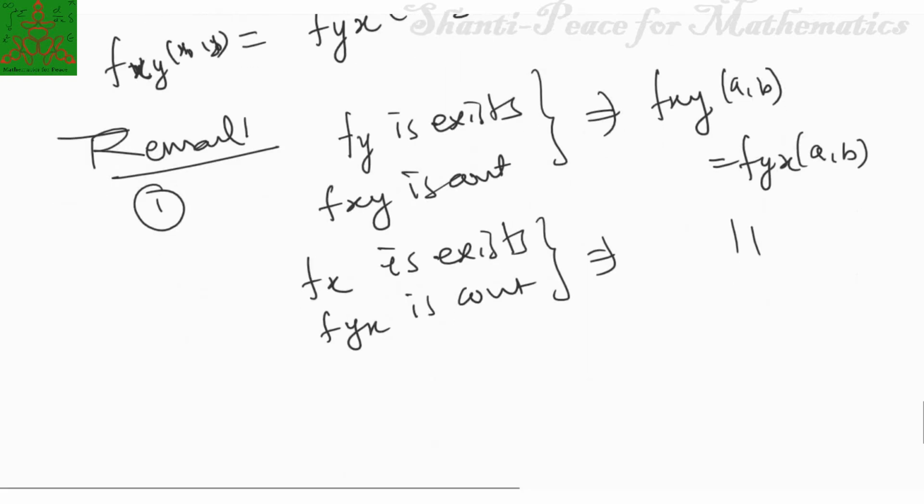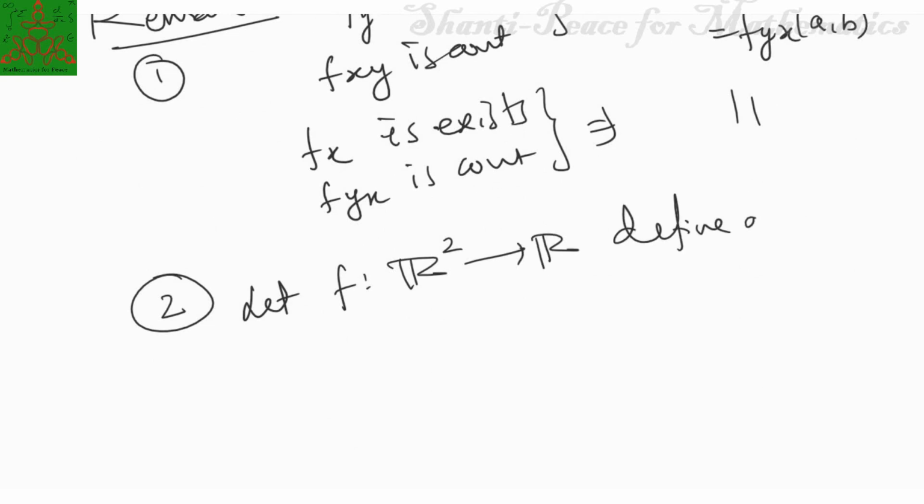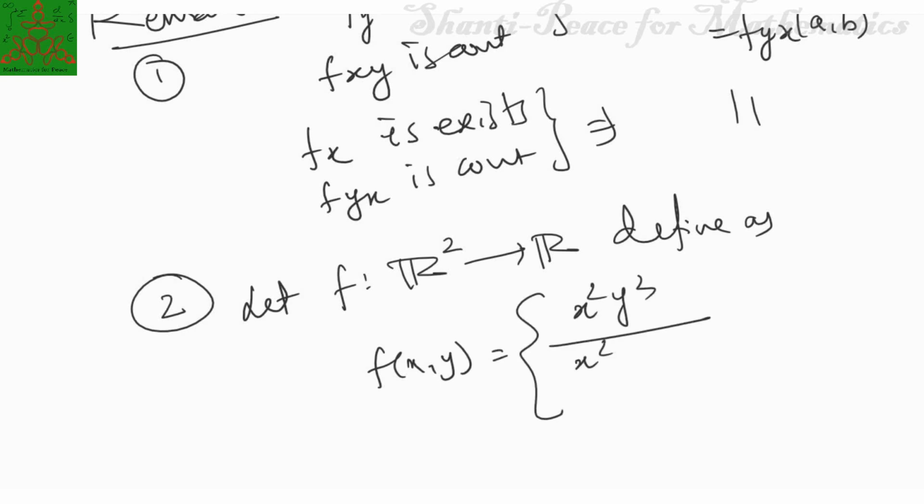And the second remark is that the converse of this result is not true. That we can see by an example. So let us have this example. f is defined from R square to R as f(x, y) equal to x square y square upon x square plus y square if (x, y) is not equal to (0, 0), and 0 if (x, y) is (0, 0).